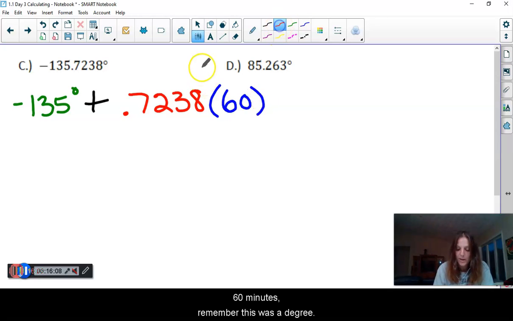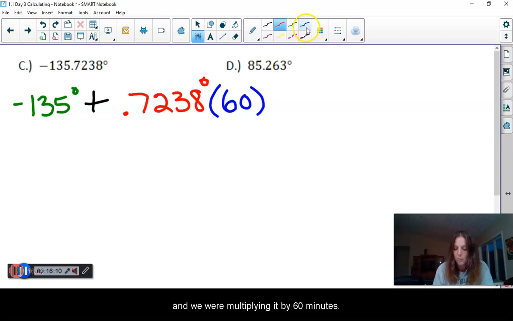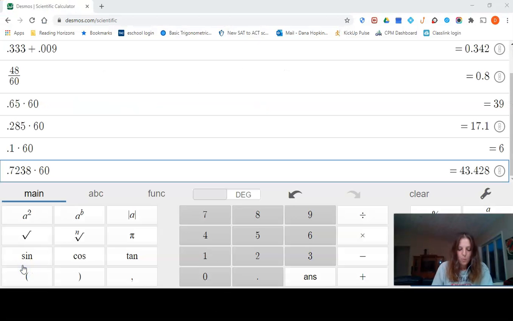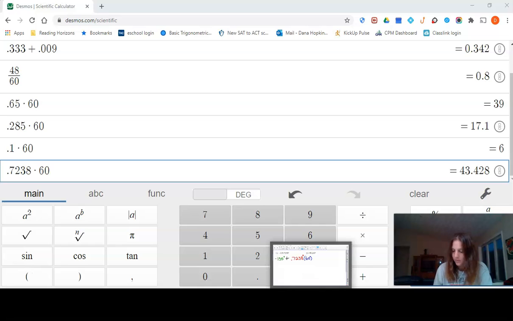Remember, this was degree, and we're multiplying it by 60 minutes if you want to put the symbols in. Okay, so go ahead and go to your calculator. 0.7238 times 60, and you'll see that's 43.428. They already rounded it. It's already rounded to the thousandths place.